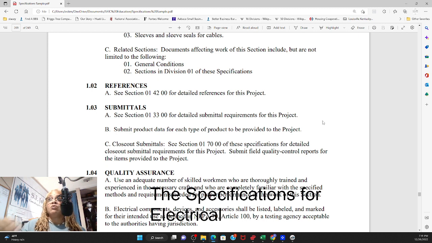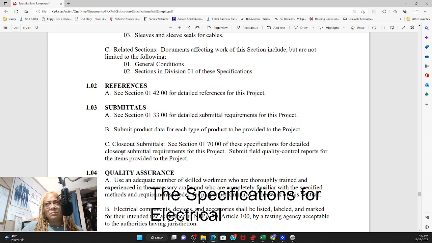So you can have your submittals written out in detail in your specific division related to your scope of work. The electrician would either have it here in the submittal section in the electrical division, or, as in this case, it is sending us to section 013300 to give me the detailed submittal requirements for that project. So that's very, very important.